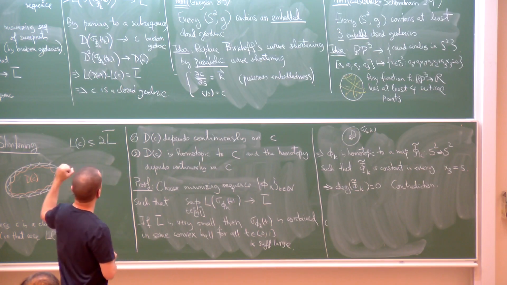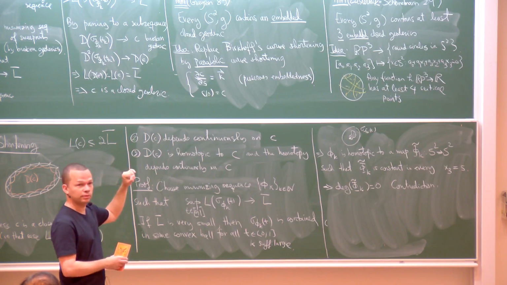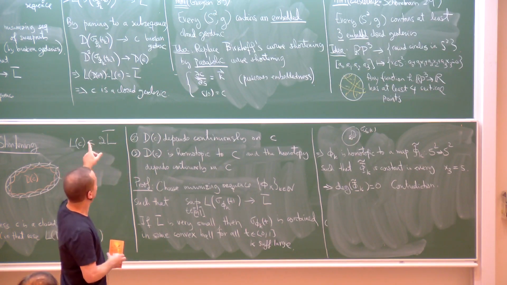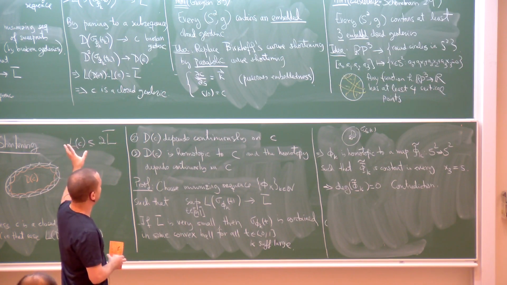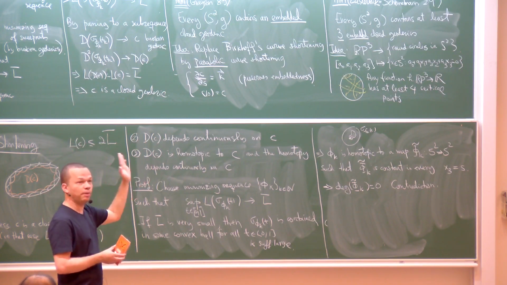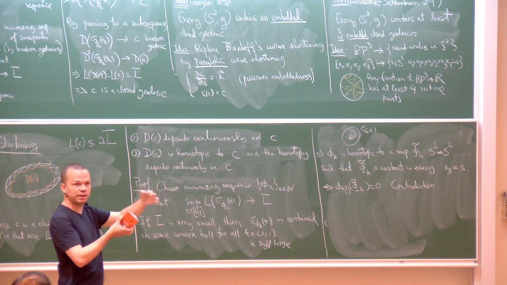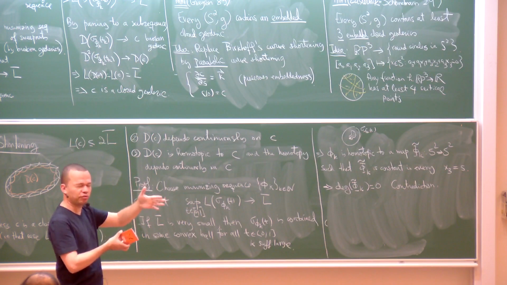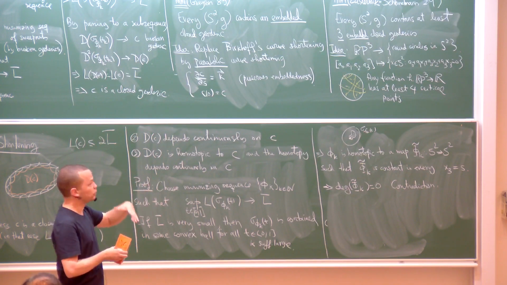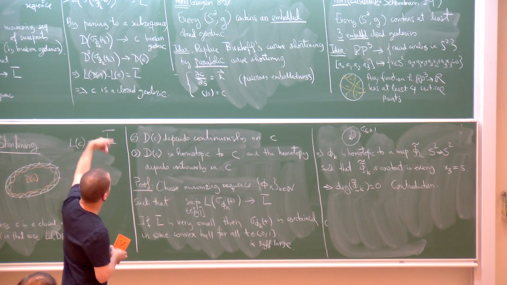So I first prove that L bar is positive, because if L bar is 0, these curves would be contracted to a point simultaneously, and then you get a trivial map, so it cannot be. So first you prove that L bar is positive, and then you do this.